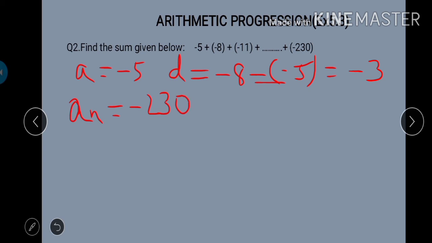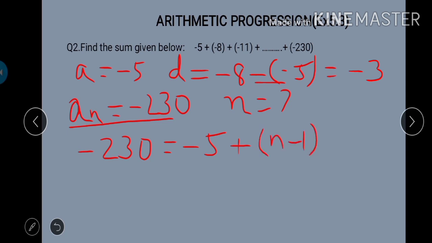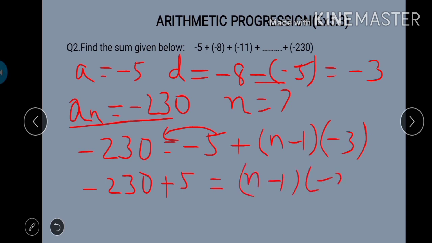Now before going for the Sn formula we have to find n. In order to find n we have to use the an formula. So an, minus 230, is equal to a, minus 5, plus n minus 1 into d, that is minus 3. Bring this 5 to this side, we will have minus 230 plus 5, that is equal to n minus 1 into minus 3.